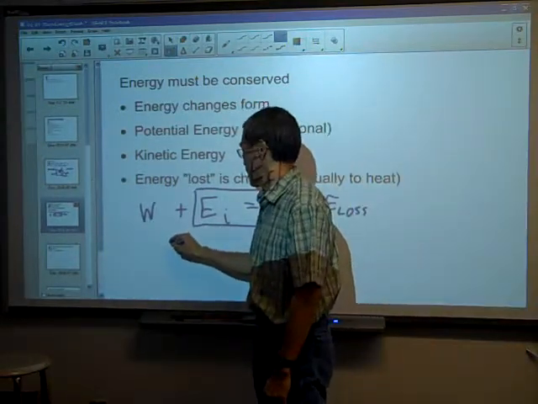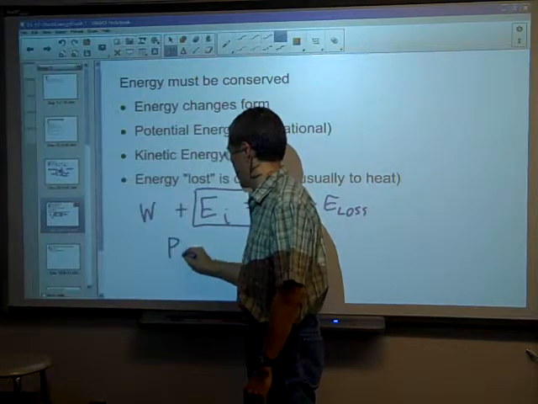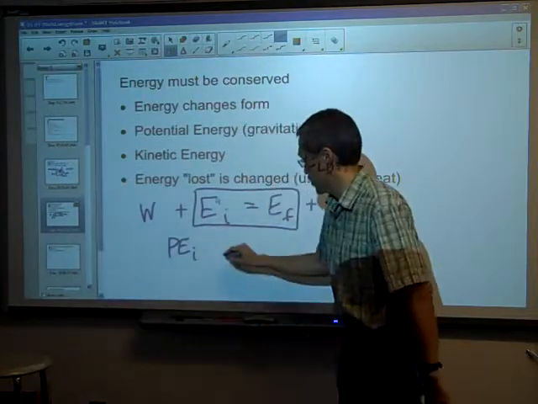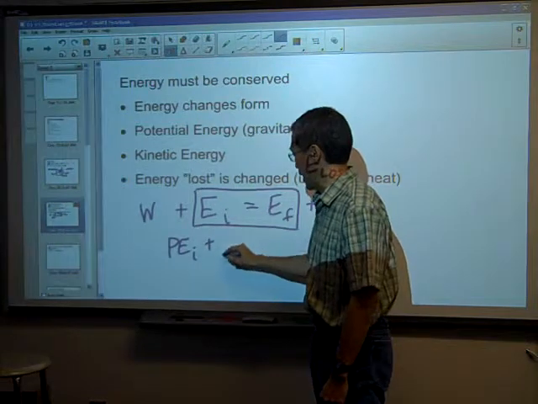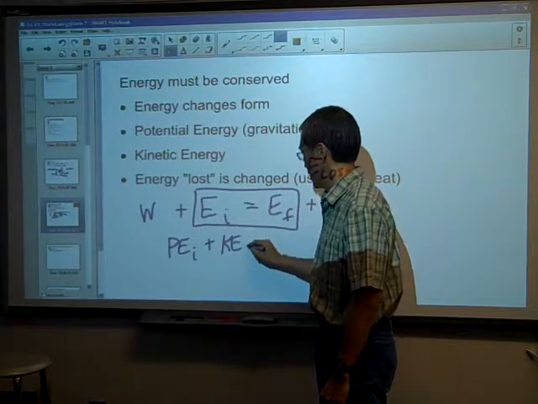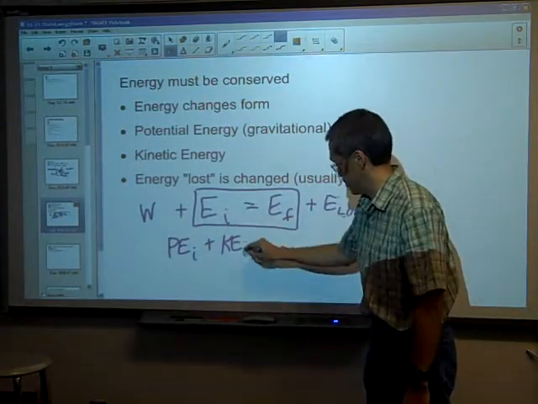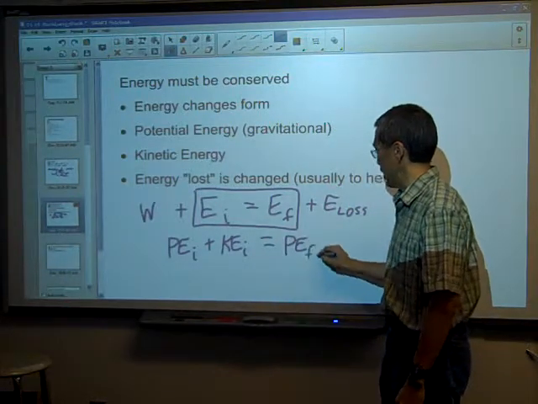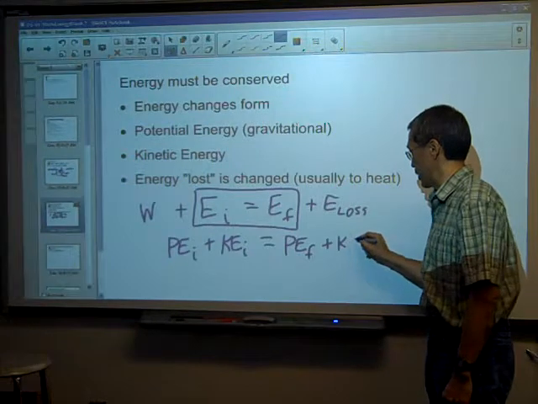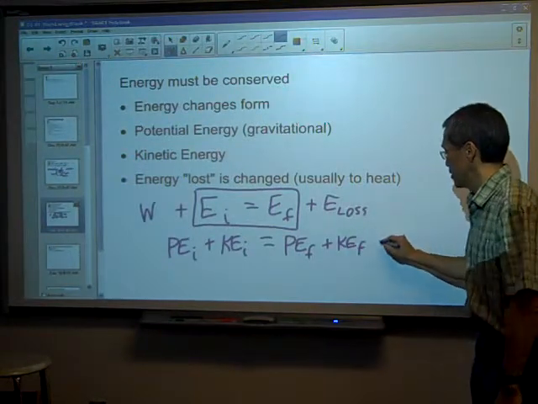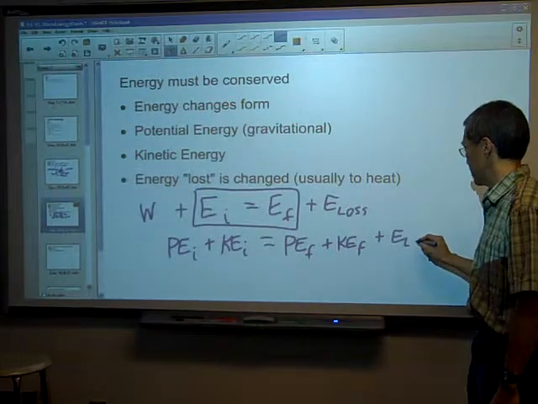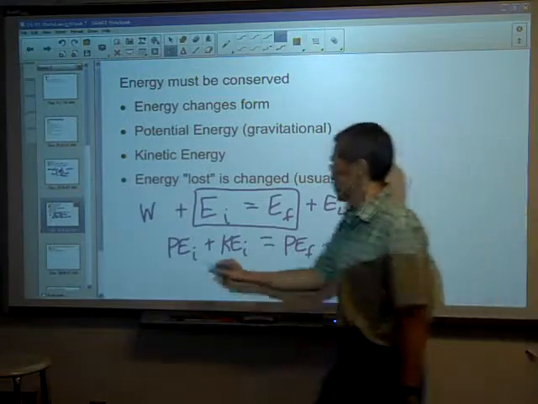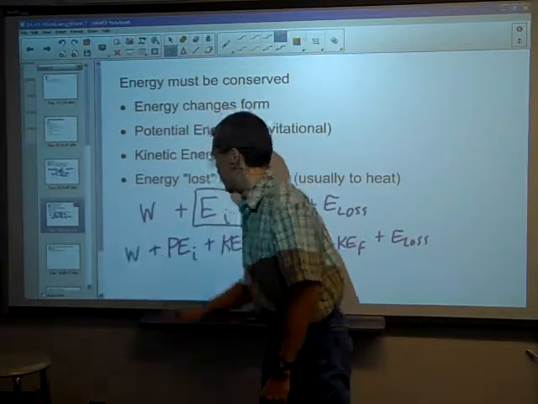And then almost always, we're going to make this a little bit more complicated as well. We're almost always going to say potential energy initial and kinetic energy initial is equal to potential energy final plus kinetic energy final plus our energy lost. And then of course over here, any work put in.